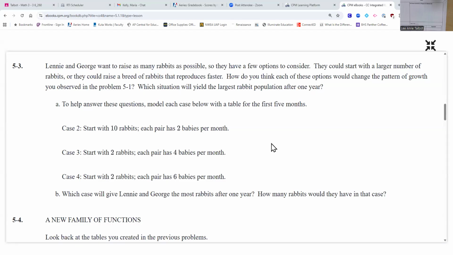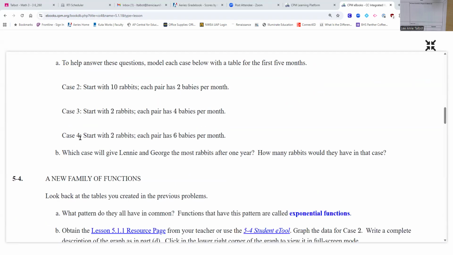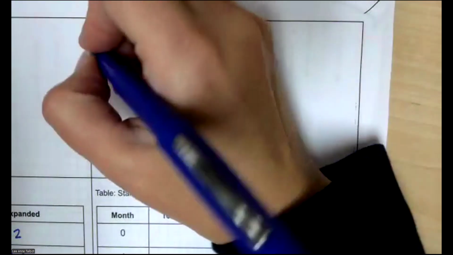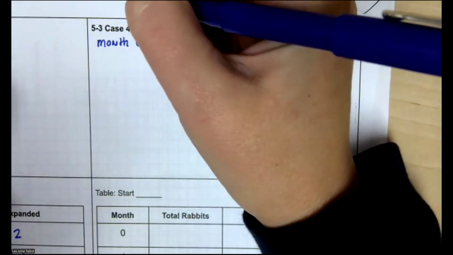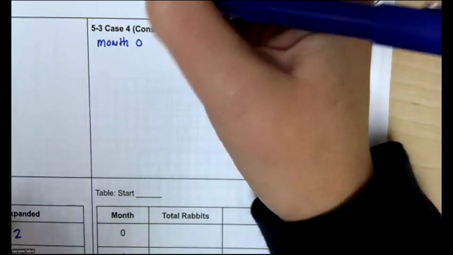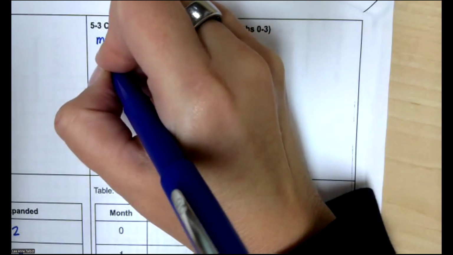Case 4. Start with 2 rabbits. Each pair has 6 babies per month. Yikes. Okay. So month 0 said start with 2.